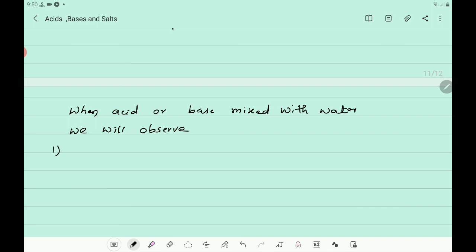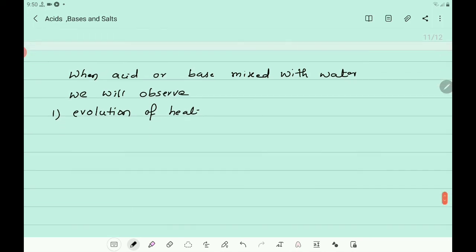First one is evolution of heat. That is, it is an exothermic reaction, heat will be evolved. Second one, you can take dilution of acid or base takes place.